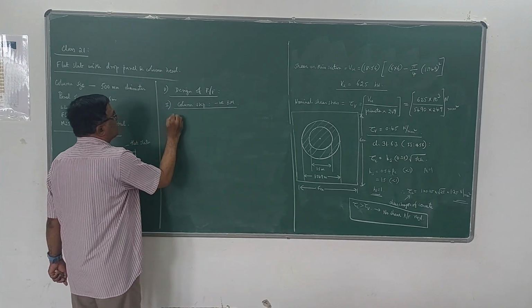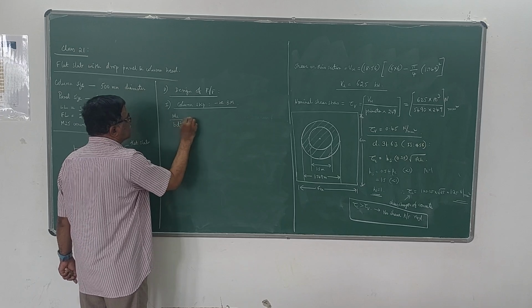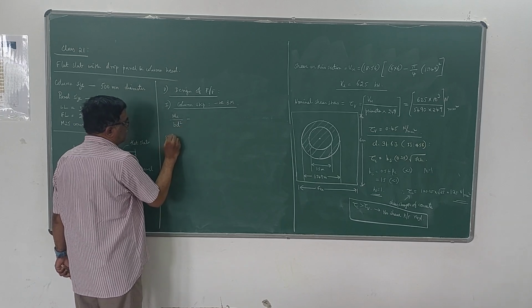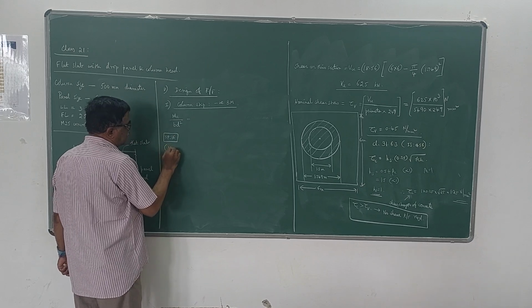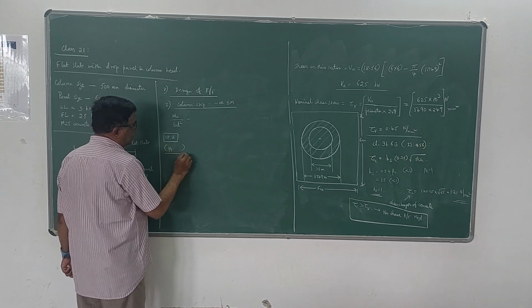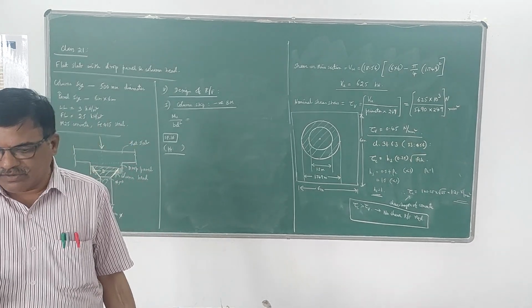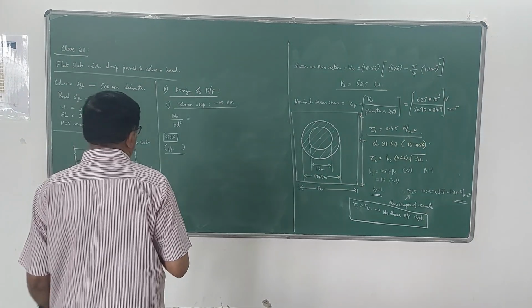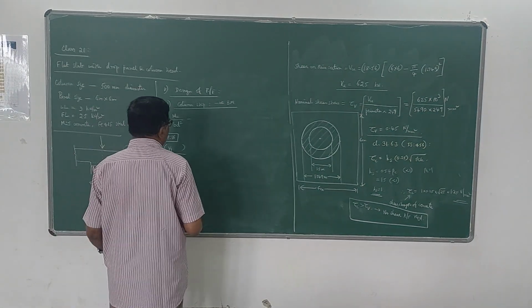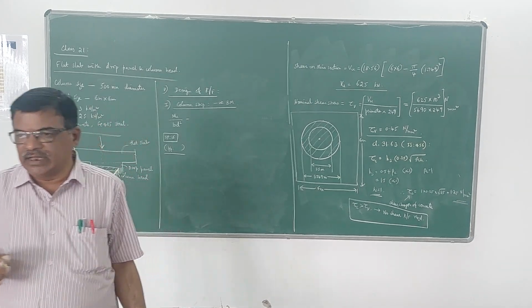What is the value of Mu? You have to calculate Mu by bd square. Now you can use SP16. Go to SP16, page number you can note down, for fck 25 grade, you have to refer the chart. So directly you get the percentage of steel, and from that you can calculate the Ast required.